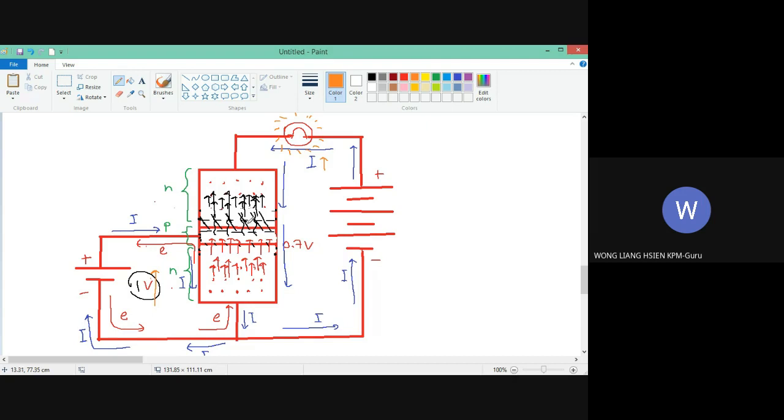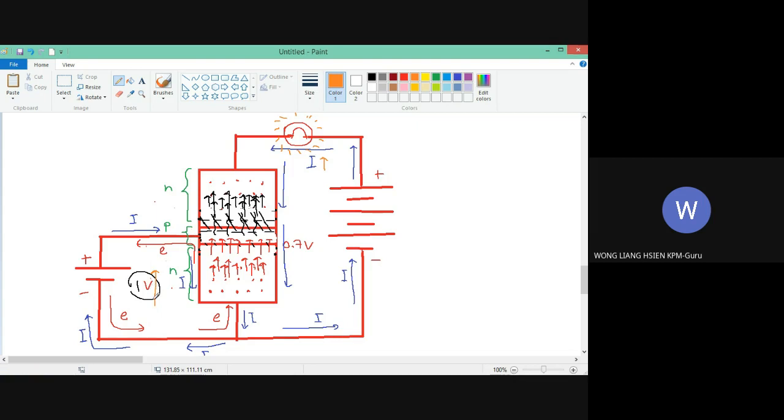Why can current flow? Because the resistance of the transistor decreased. That's when charge can pass through. So with more charge carriers, the resistance goes down.